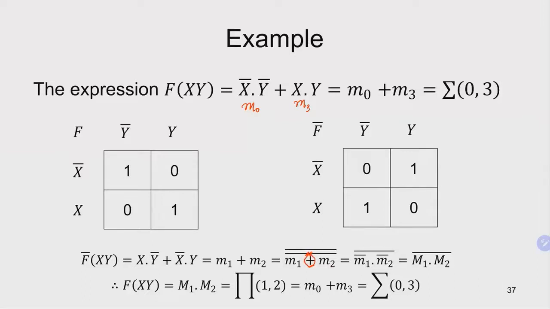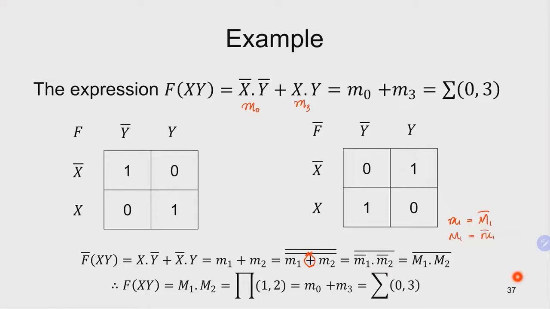And then the relationship between the minterms and the max term, we know that the minterm m1 equals the inverse of the max term, capital M1, or capital M1 equals the inverse of the minterm m1.